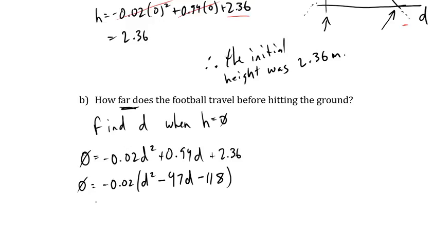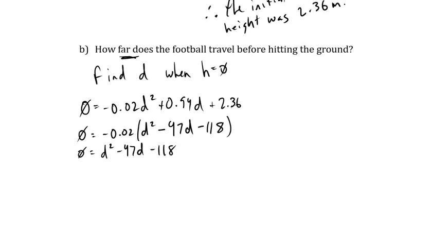I can divide both sides by the negative 0.02 and get rid of that. So even though it turns out that is not going to be factorable, I still have easier numbers to work with. So I don't know. It's up to each person to decide what's worth their time. Some people like doing it one way, some people like working with integers, and some people don't.